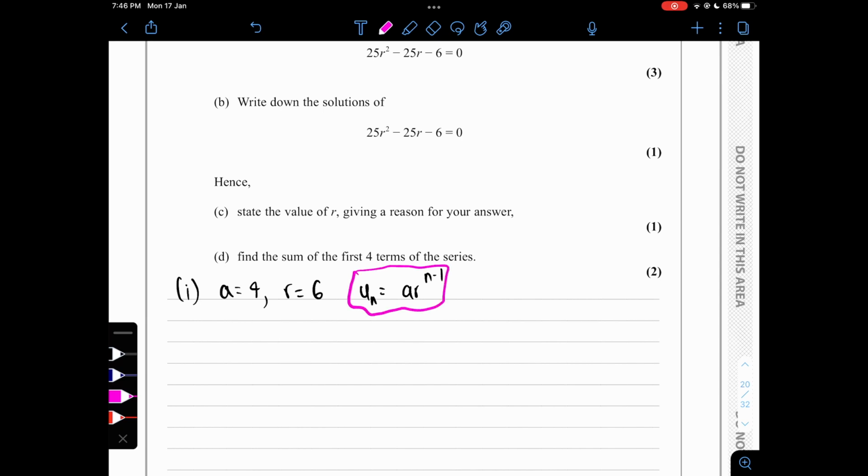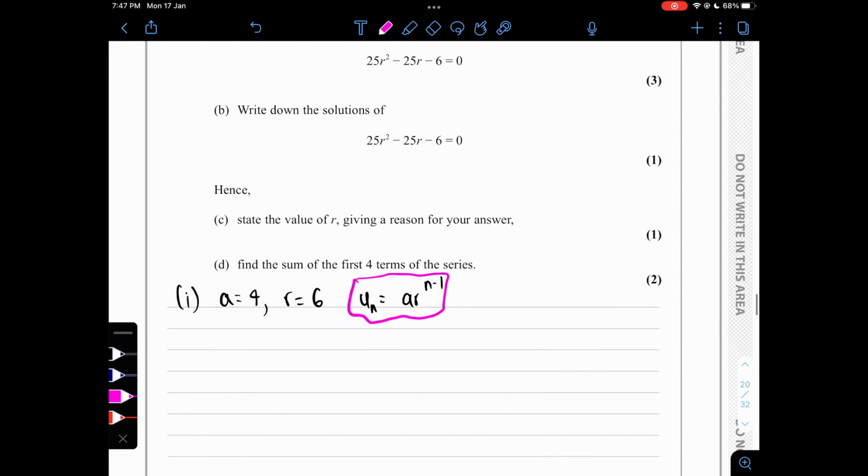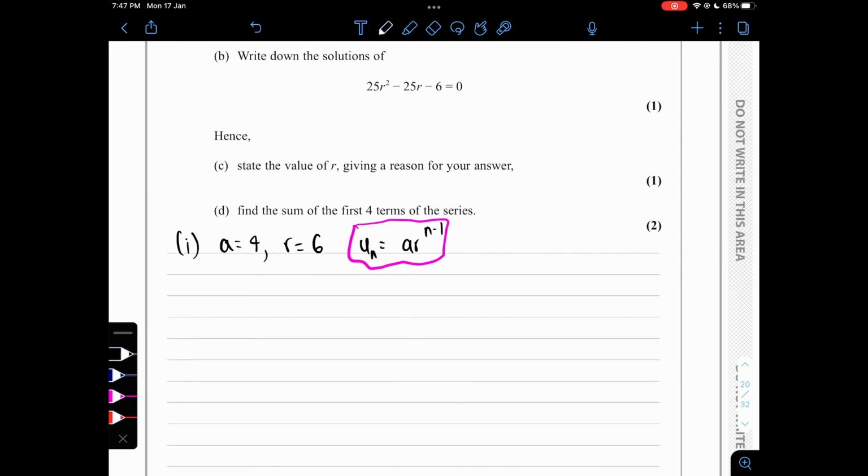This is not given to us, but it will help us. Then the nth term is greater than 10 to the power of 100. So they're saying that un, which is 4 times 6 to the power n minus 1, is greater than 10 to the power of 100.